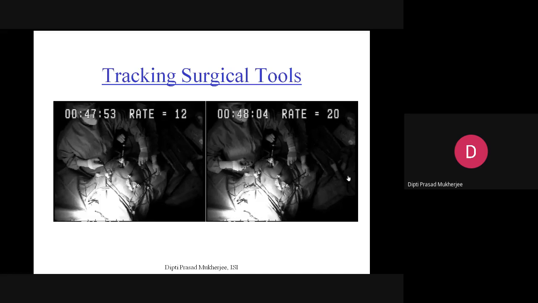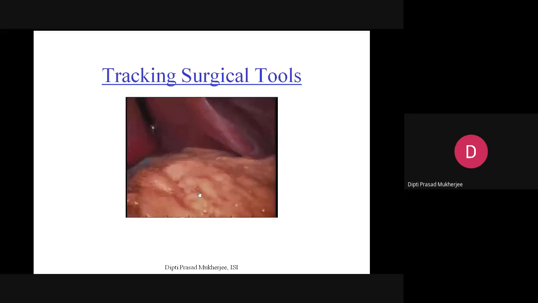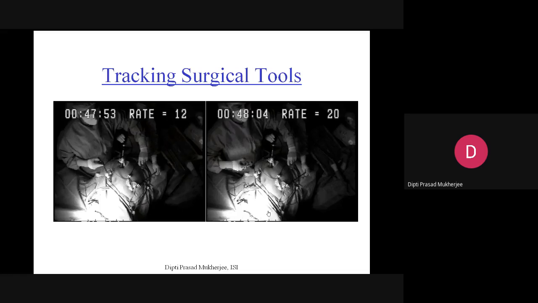The surgeon's hand is moving, so you tag the hand and track the devices along with the hand, and you can do that both internally and externally. This is external, using the external camera as the operation is going on, and this is the internal camera, showing how the device comes inside and does some operations inside. So you track internally and track externally.